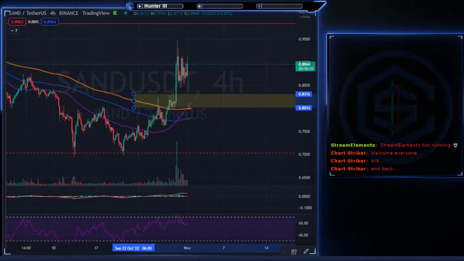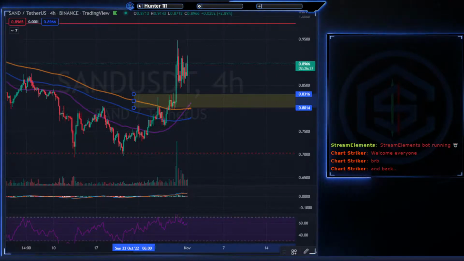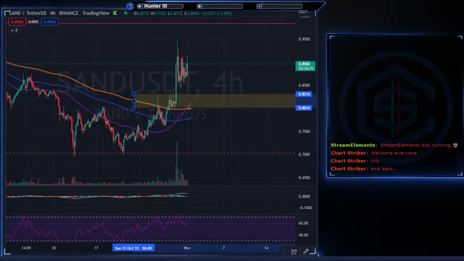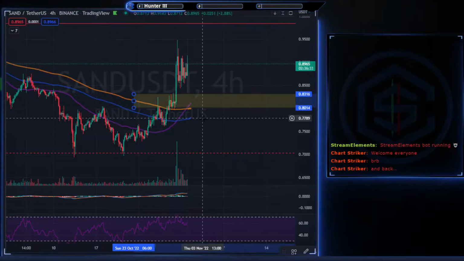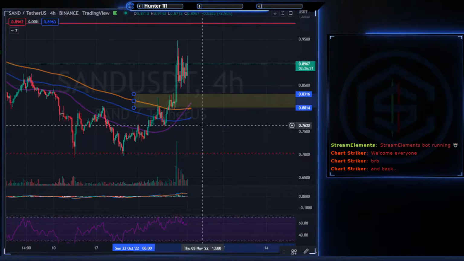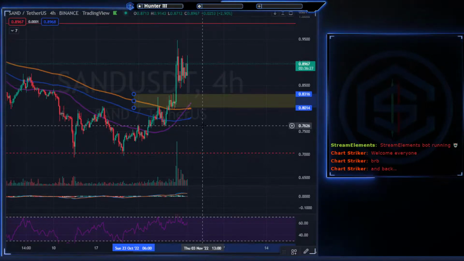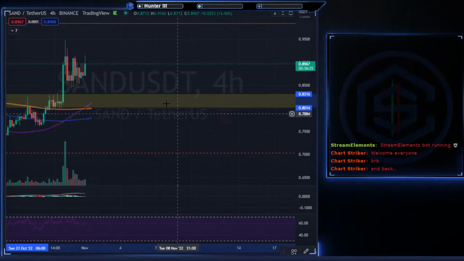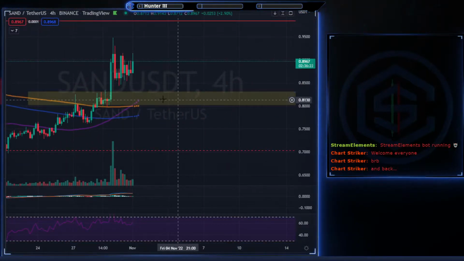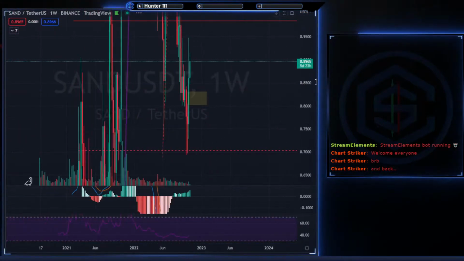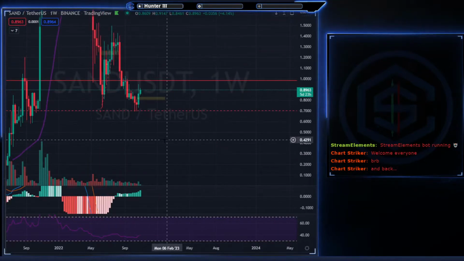Until somewhere around these levels, guys. 0.76, 0.75. Okay, so it's important that it holds this level, because weekly is not looking that bad.